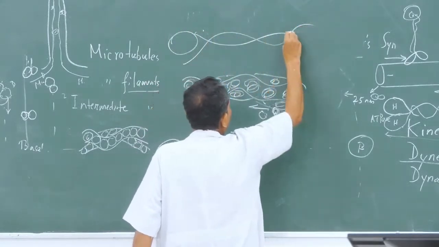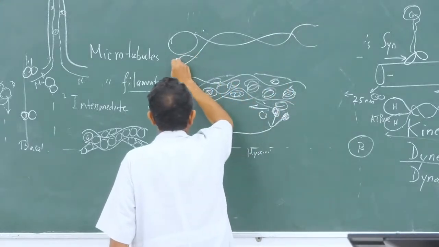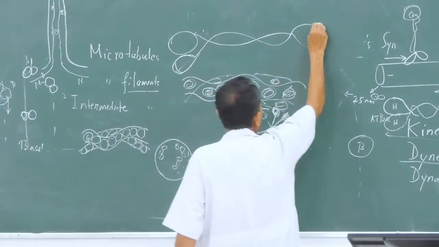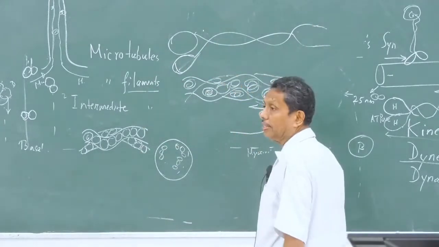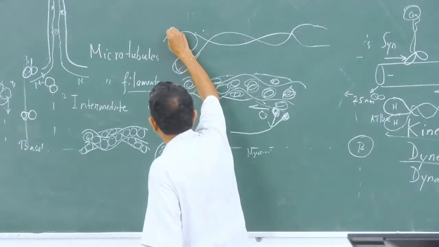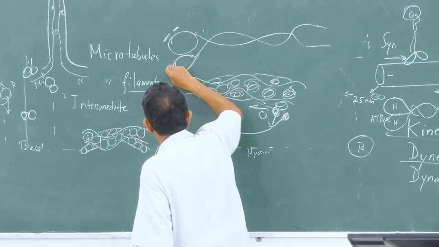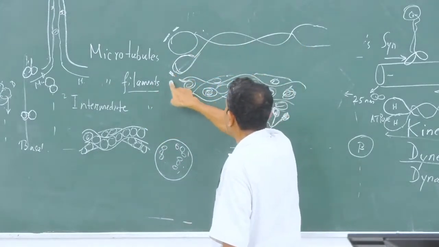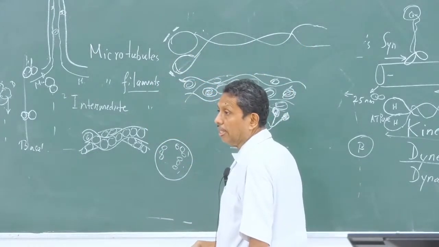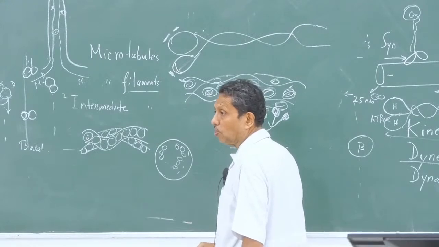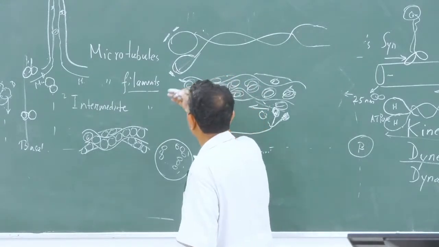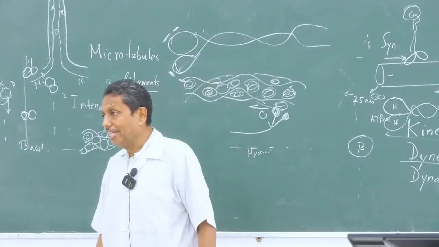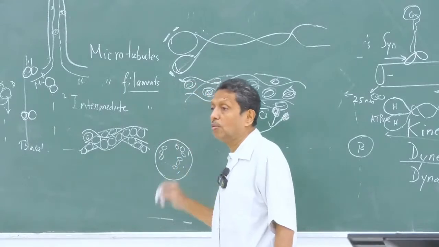There are two heavy chains and four light chains in total: these are the heavy chains, and at the head part, two light chains each. Their antiparallel arrangement is responsible for the formation of the myosin filament.